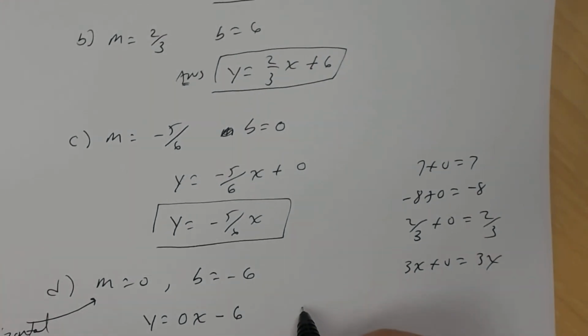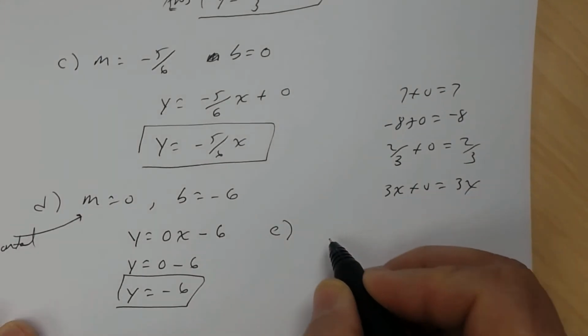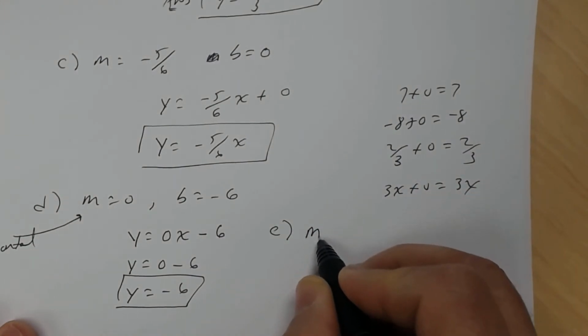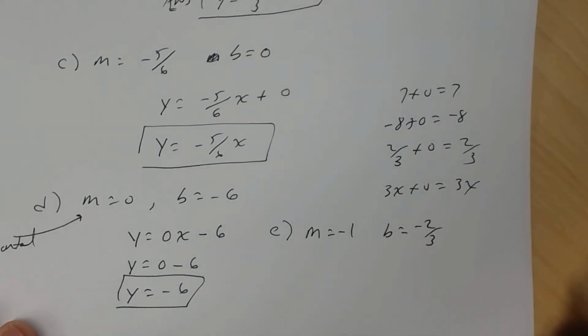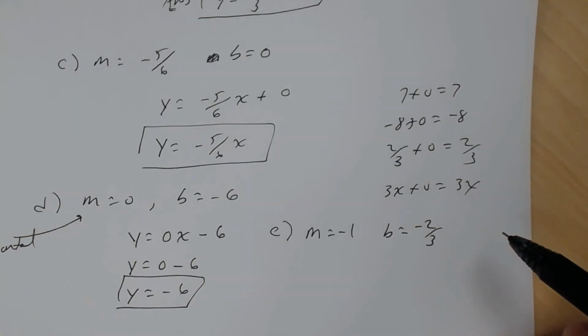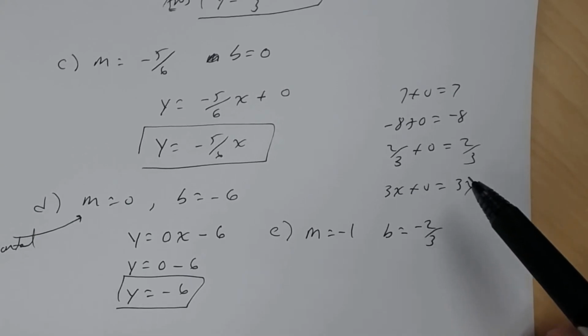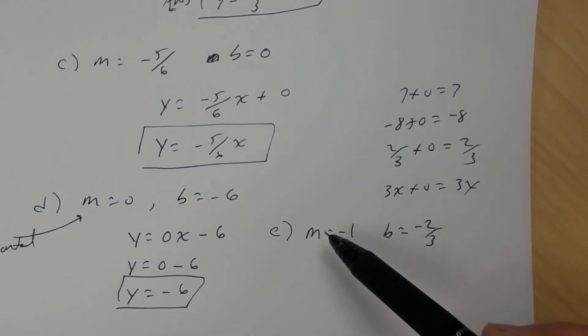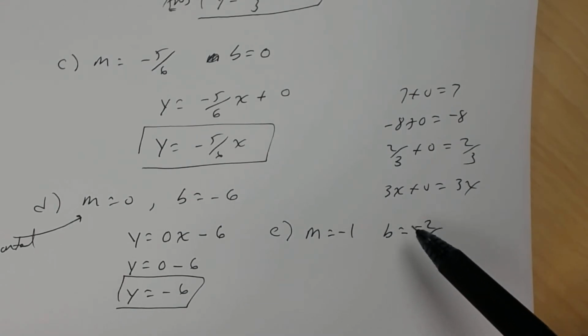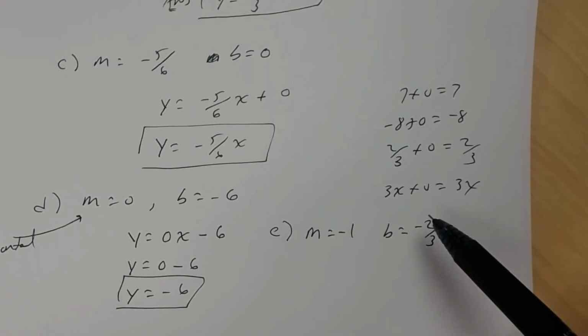All right, and then letter E, supposing we have slope is -1 and the y-intercept is -2/3. So it is possible. I mean, remember there are an infinite number of lines that have this slope. So the y-intercept is not always a nice integer. It could be a fraction.